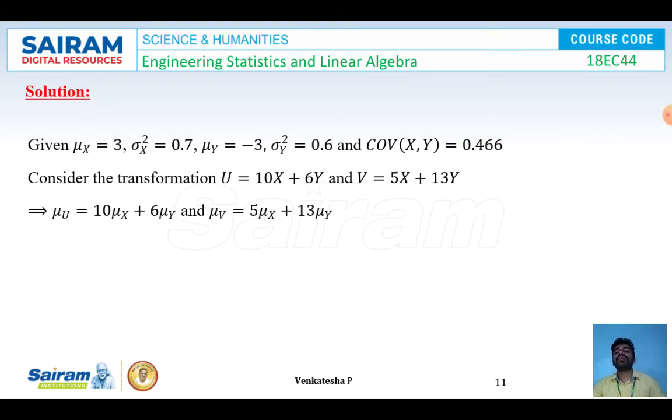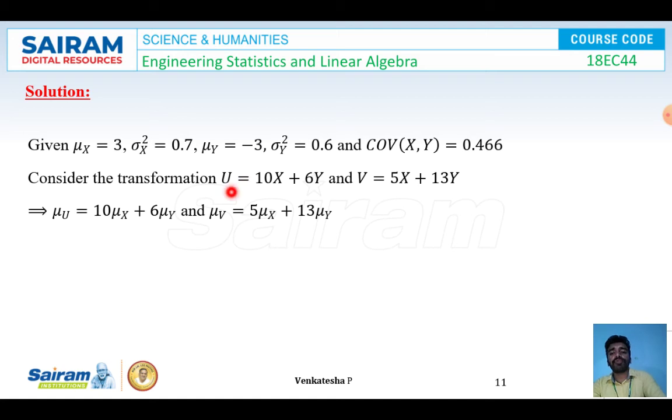So they have given that mean of x is 3, variance of x is 0.7, mean of y is minus 3, variance of y is 0.6, covariance of x comma y is 0.466. So now take the equation u is equal to 10x plus 6y and v is equal to 5x plus 13y. So now from this equation, I am going to find the value of mean. So I am going to apply the expectation on both the sides.